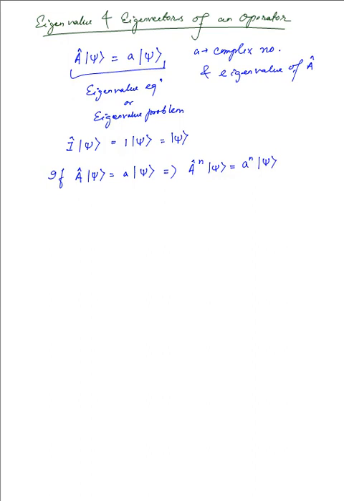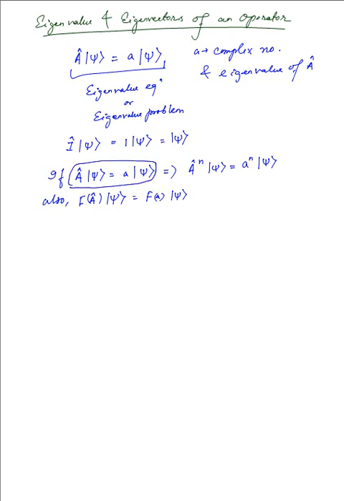And also if we have a function of the operator A operating on psi, that will give us the eigenvalue as the function of small a times psi, and this can be obtained. Now all of that is possible only if we have this case.